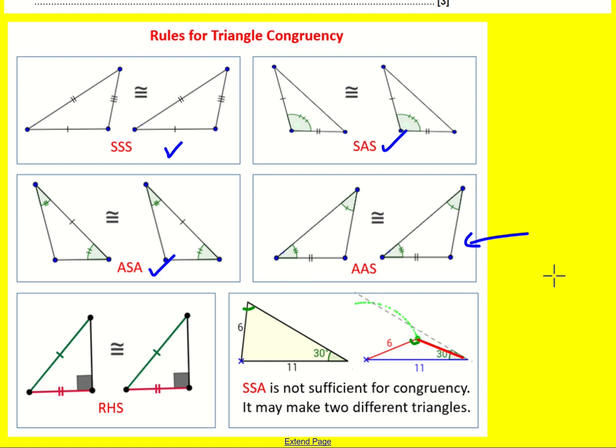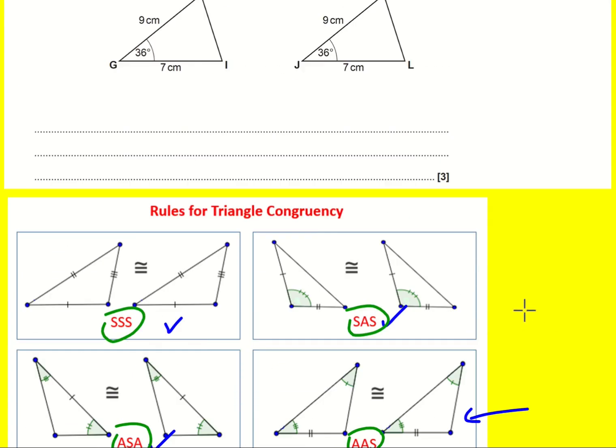So this one here is actually a special case of side-side angle, but it's okay in that case to say that they are congruent. So be aware of these 5 cases where congruency is definitely occurring, and then angle, angle, angle, which is not sufficient, and side-side angle, which is not sufficient either.